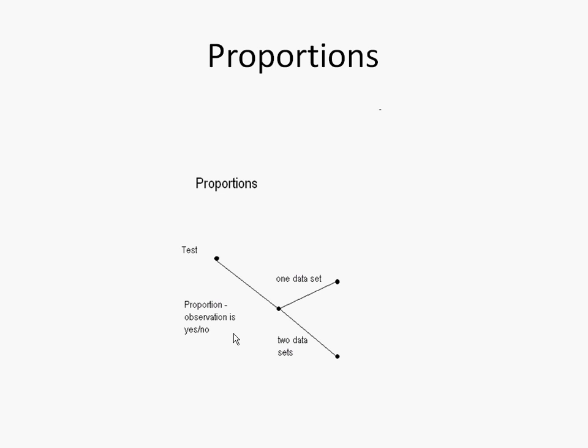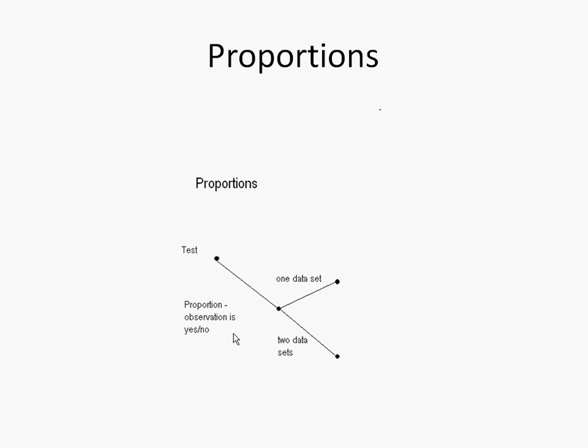Basically, count the number of n's in the problem. If the problem is reading out of 15 over here and then out of 30 over there, you've got two n's, where n's are number of observations, and you have two data sets.